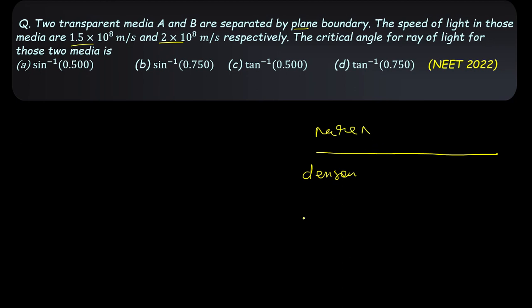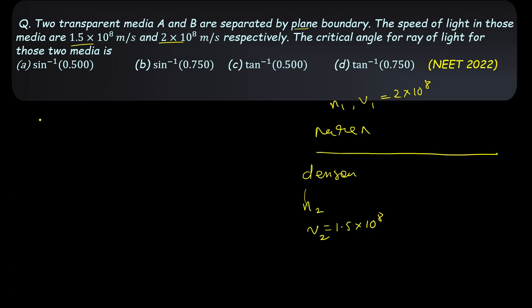Let's say this is n2, velocity v2, refractive index n1, velocity v1. Now this medium is denser medium. It means the speed of light in the denser medium is less. So this is 1.5 into 10 power 8 and this is 2 into 10 power 8.